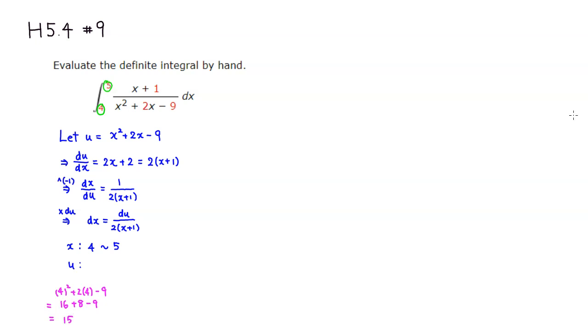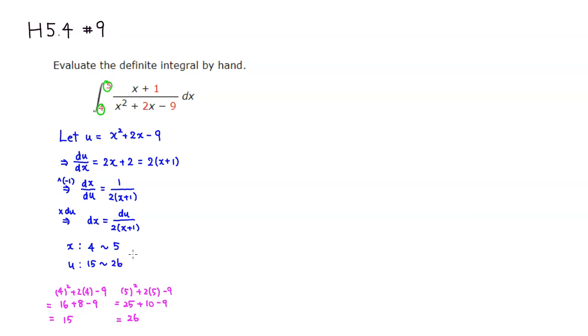So the corresponding u value is 15. And if x is 5, the u value would be 5 squared plus 2 times 5 minus 9. So this is 25 plus 10 minus 9, which is 26. So we know that u is going from 15 to 26.